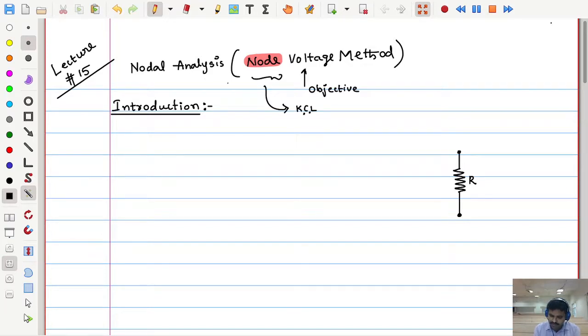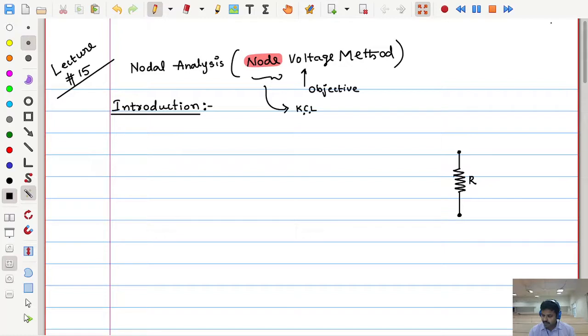First we try to see how to proceed in the nodal analysis with the objective of determining the node voltages, in which we will use Kirchhoff's current law. For this, let me introduce some terminology and some generalized things.